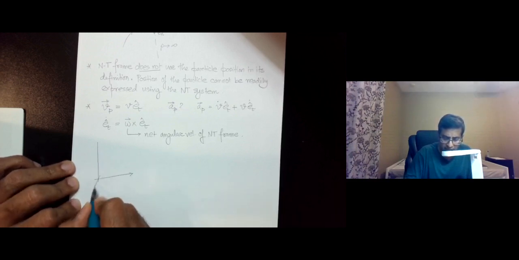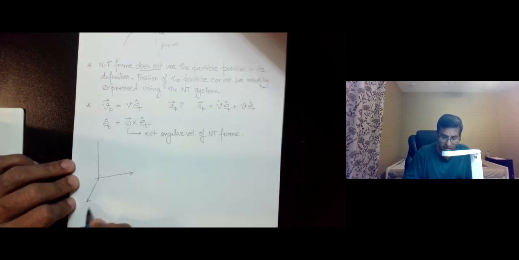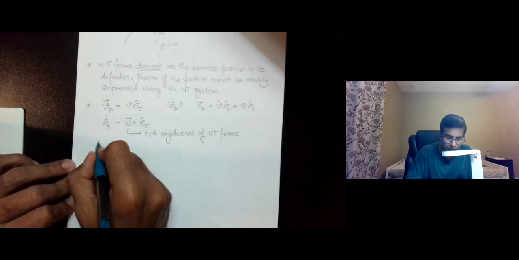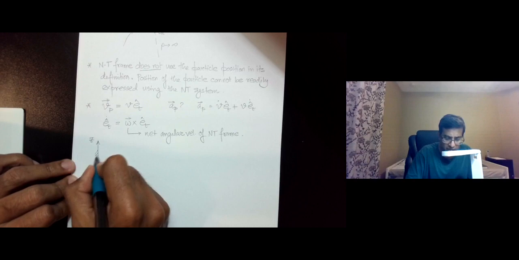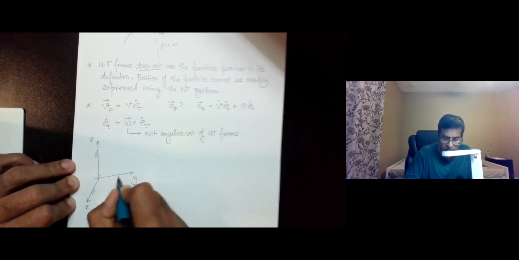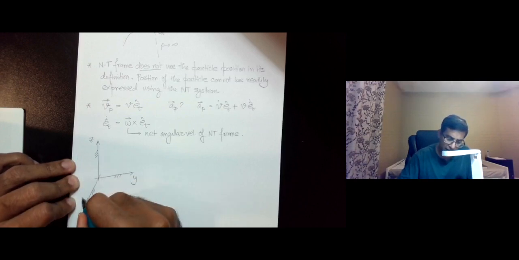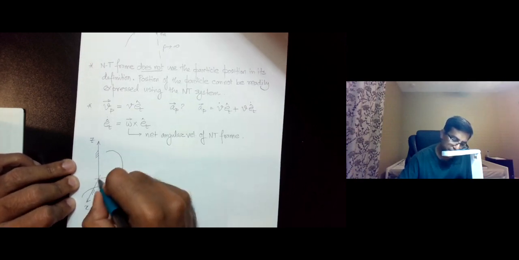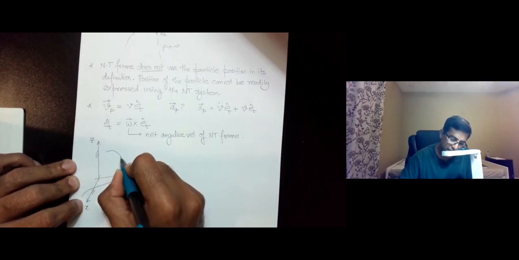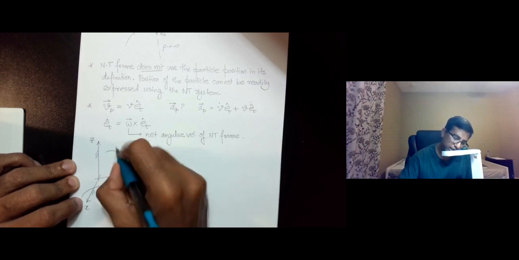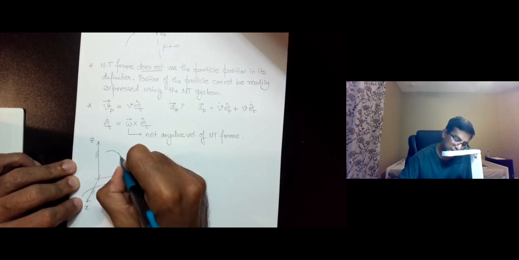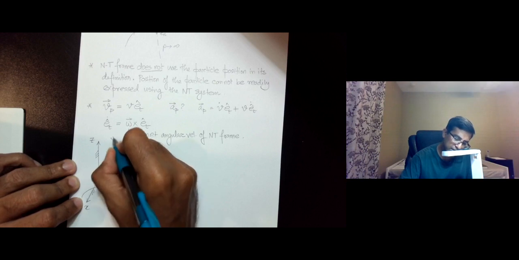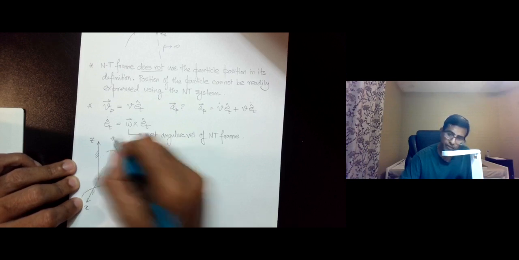So let's say that this is again our x, y, z fixed frames, and here is the trajectory of a particle, and at a certain point here the velocity is like that.